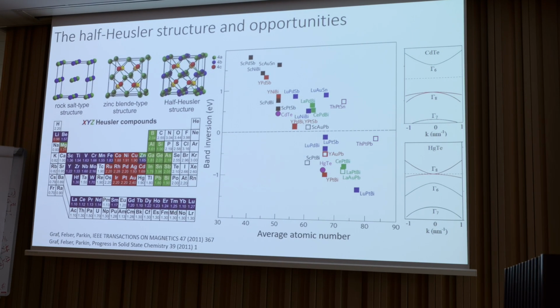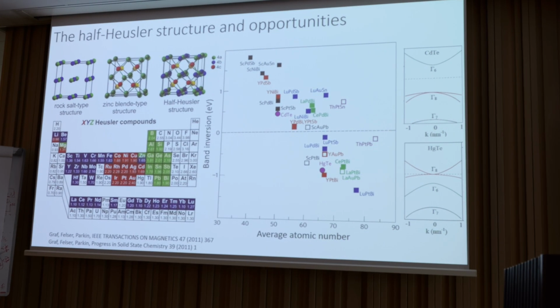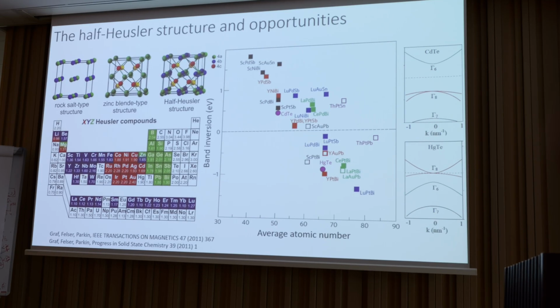The cool thing is that with the three lattice positions here, you can choose many different elements, and depending on which elements you choose, you can get many different crystal properties out of this. So it can be magnetic, it can be semiconducting, it can be conducting. Some of them are superconducting.